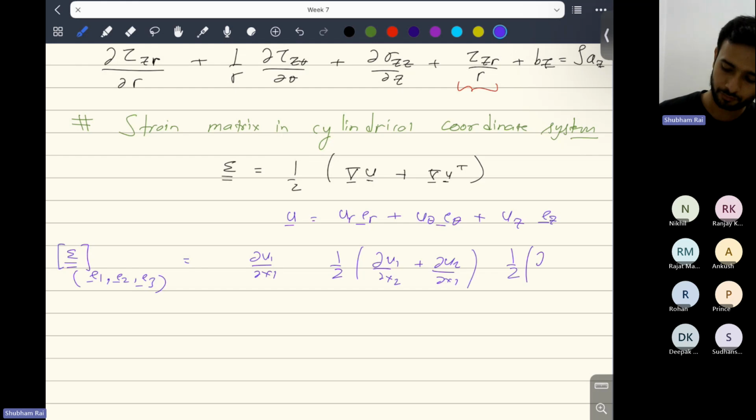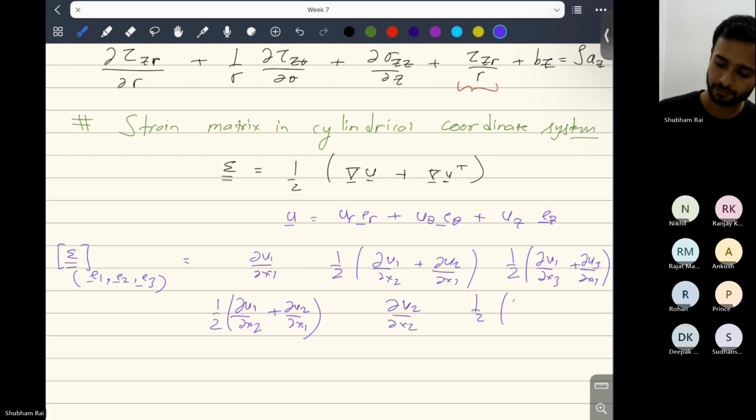And this will be half of del u1 by del x3 plus del u3 by del x1. And since it is symmetric, this term will be similar to the first row and second column term, so it will be half of del u1 by del x2 plus del u2 by del x1. This will be del u2 by del x2. And here you will have half of del u2 by del x3 plus del u3 by del x2.